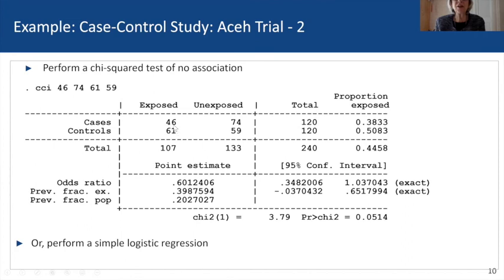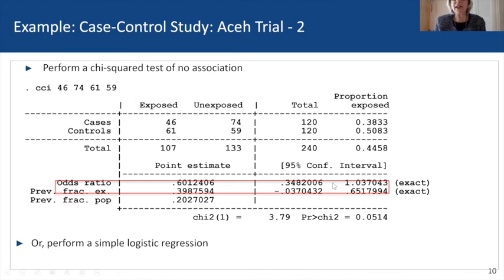And we can see here that out of the 120 who were dead, there were 46 who had vitamin A. Out of the 120 who were alive, there were 61. We can see the odds ratio is given here at 0.6, and we see a confidence interval for the odds ratio that is wide and overlaps the value of 1.